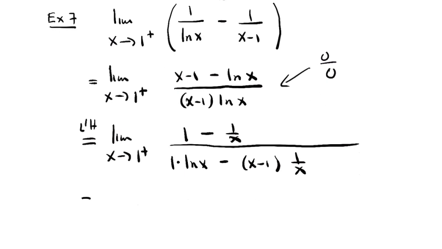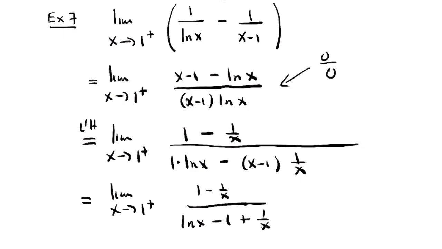And I would have to simplify a little bit before I can see what's going on. The numerator is 1 minus 1 over x. The denominator is log x. What do we got? 1 over x times x is 1, so that's minus 1 plus 1 over x.